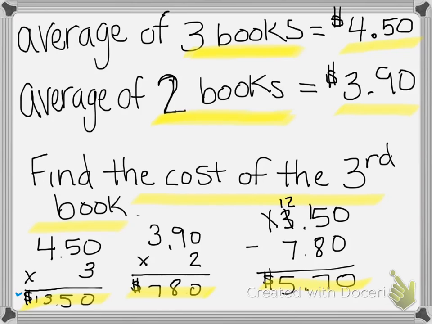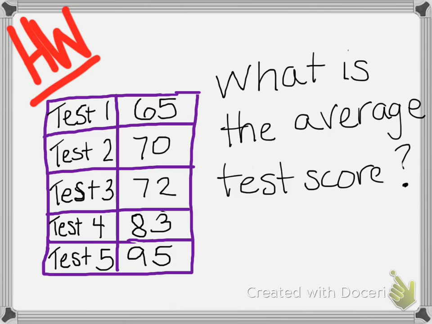Which equals $5.70. So the total cost of 3 books together was $13.50. The total cost of 2 books together was $7.80, and the total cost of the third book by itself was $5.70.